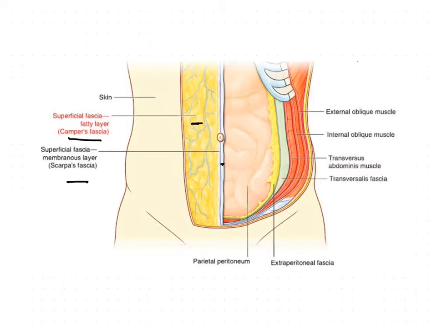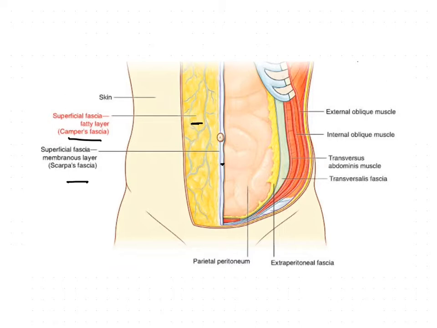So again, the first layer is the skin, and below the skin you will find the superficial fascia. This superficial fascia has two layers. The outermost layer, which is the fatty layer, is called Camper's fascia, and the deeper layer is the membranous layer, called Scarpa's fascia.